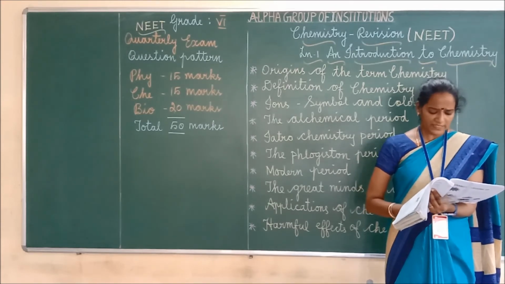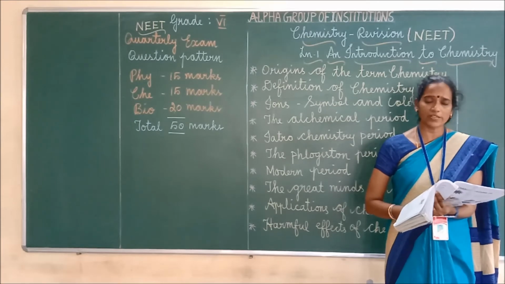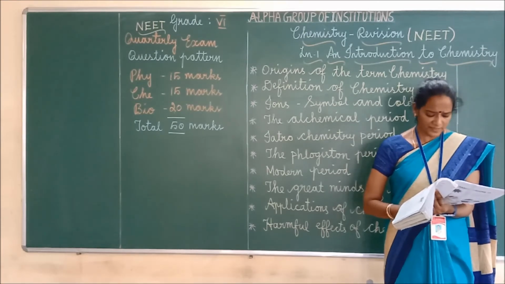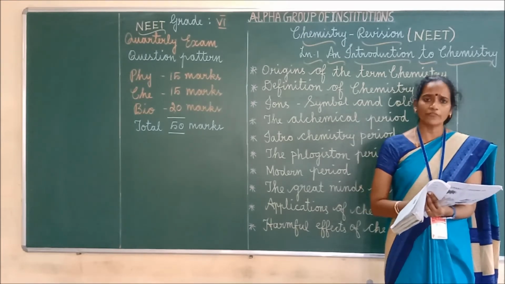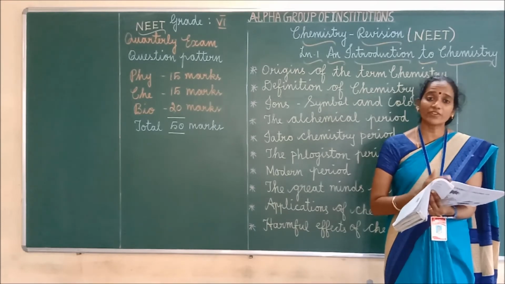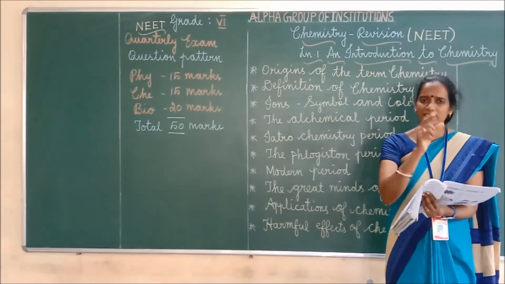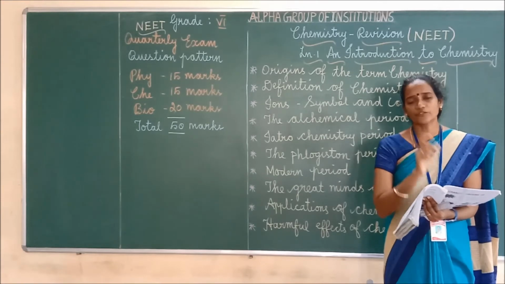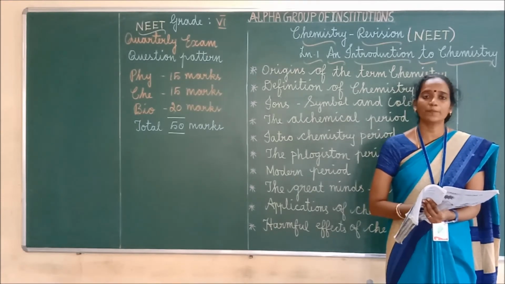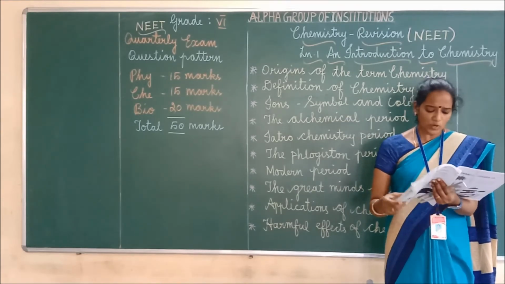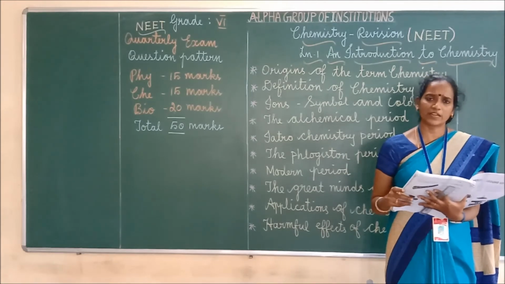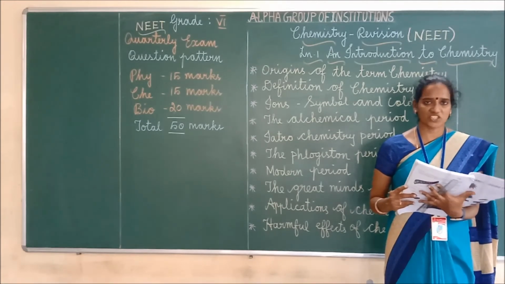P.C. Roy is a chemist and founder of Bengal Chemicals and Pharmaceuticals. He is the founder of India's first pharmaceutical company. Who is the founder of India's first pharmaceutical company? Means what will you write? P.C. Roy. Next one, Rutherford. Rutherford discovered the nucleus of an atom.